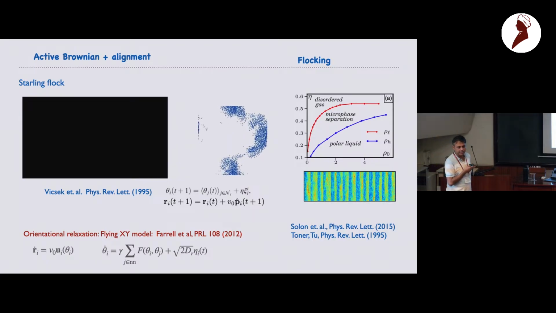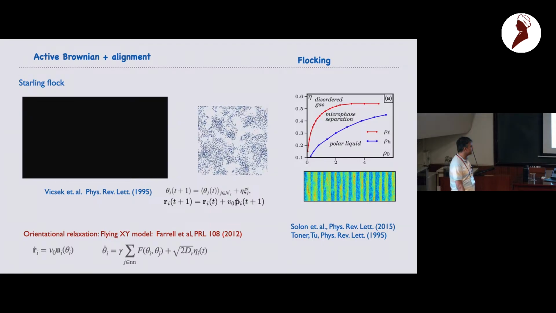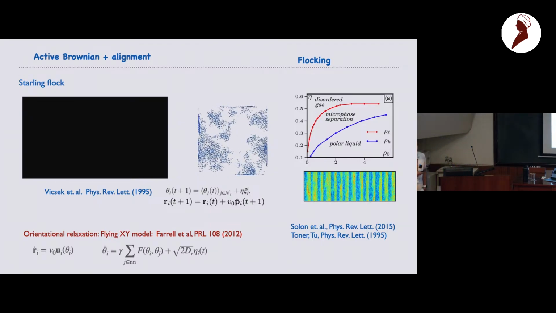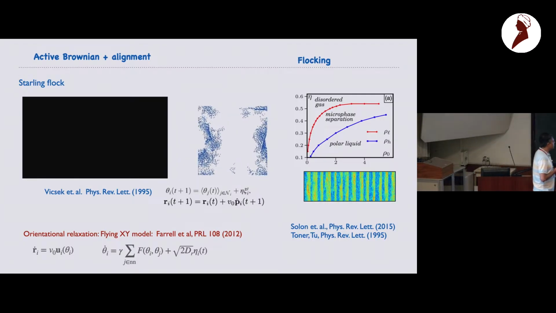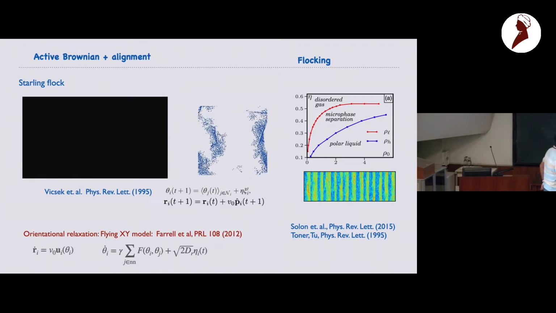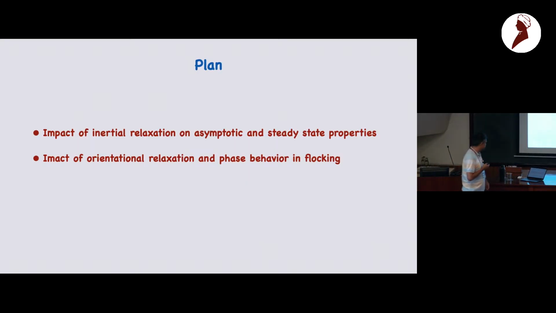Gamma inverse is the time scale of this orientational alignment. So we'd like to have a look at what happens after we introduce that.